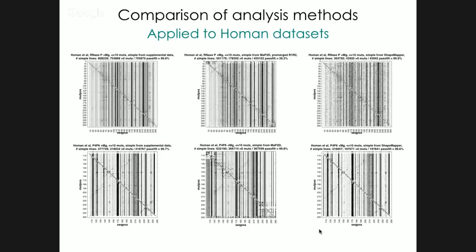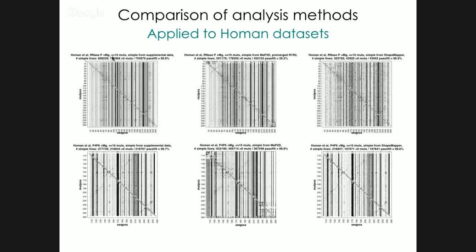And so here I downloaded the FASTQs for their P4, P6 with magnesium conditions, which are essentially the same as our P4, P6 conditions that I've been showing you this whole time in the bottom row here, and also their FASTQ data for RNase P plus magnesium, which is one of the RNAs that they probed in their paper.